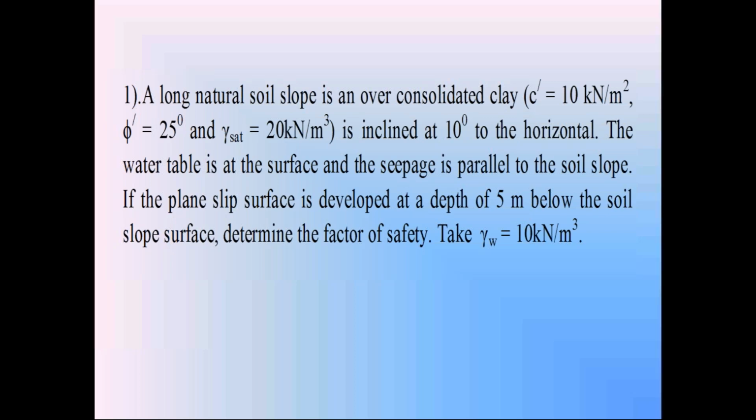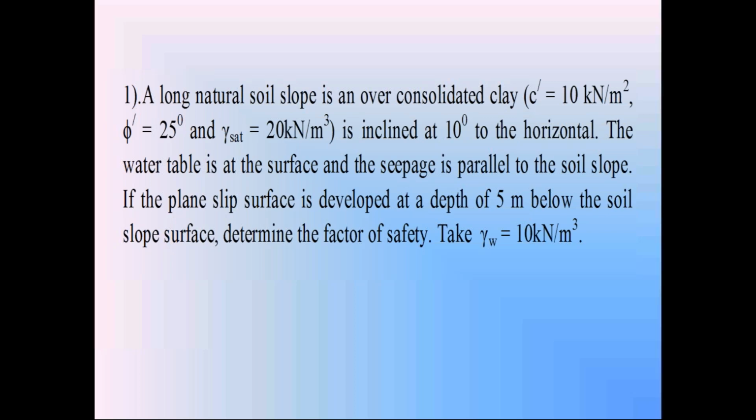So coming to this first numerical problem in Unit 2, the soil slope is an infinite cohesive soil slope in seepage flow condition, and we are asked to find the factor of safety of that slope.